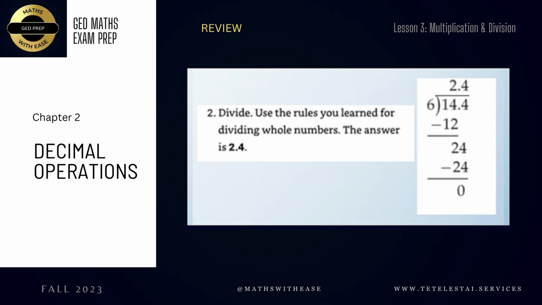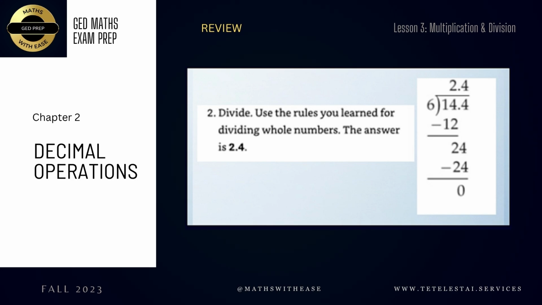And then you would just proceed with the rules of division like we saw in chapter 1. So 6 goes into 14 twice. 6 times 2 is 12. So you draw your line, 14 minus 12 is 2. But we're not done, we bring down the 4. 6 into 24 is 4. 6 times 4 is 24.